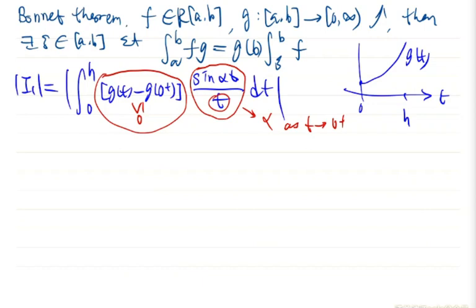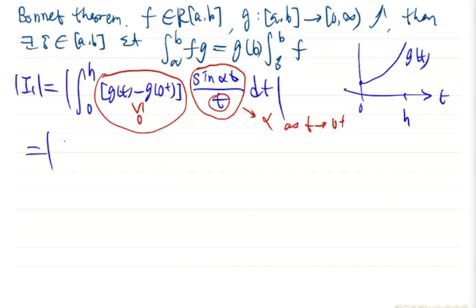Sine alpha t over t is not defined at t equal to 0, but we can define the value of this function at t equal to 0 by alpha. Then this function is a continuous function on the closed interval [0,h]. Therefore, it's integrable.